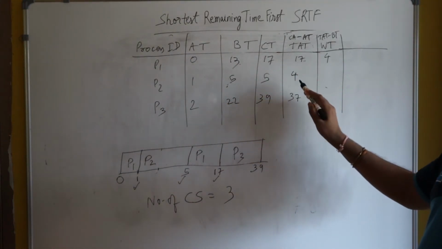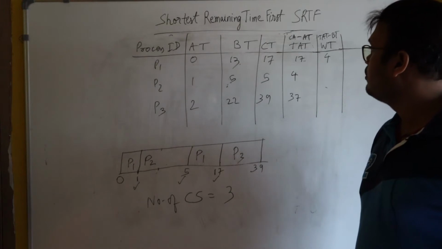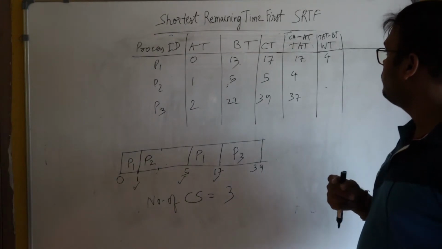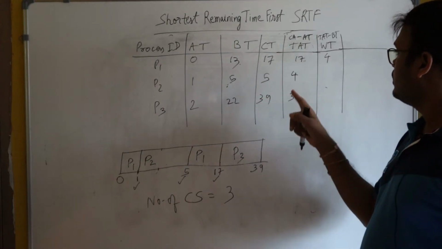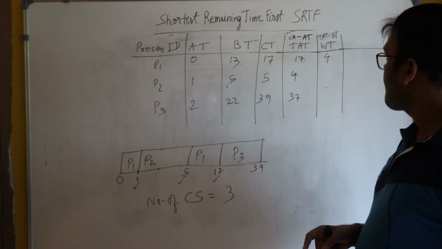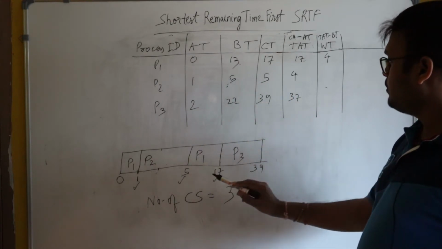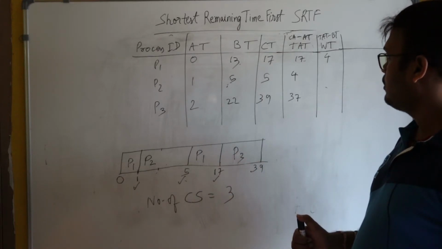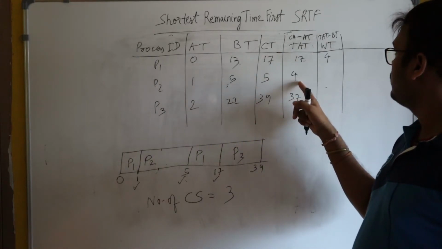Waiting time of P2 is... I think here I made some mistake, because turnaround time minus burst time, here turnaround time is lesser than the burst time. How is it possible? Completion time is 5 for P2, completion time minus arrival time, 4.